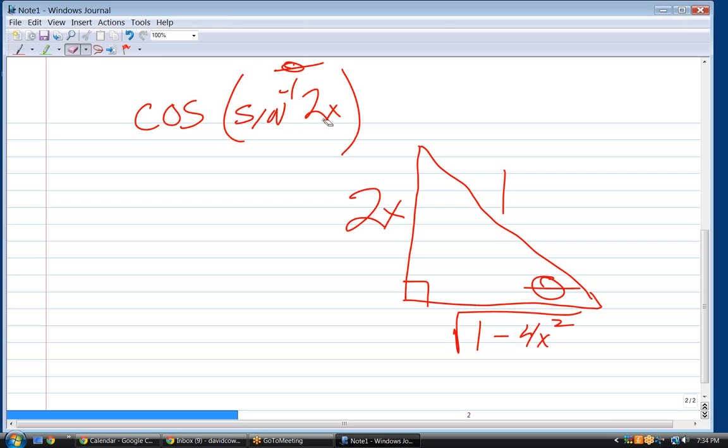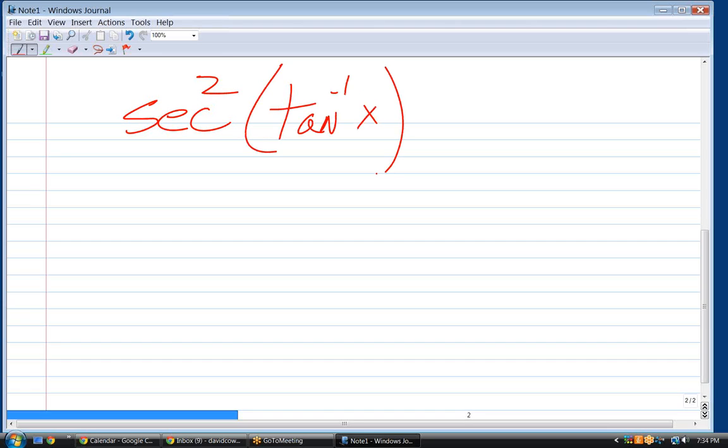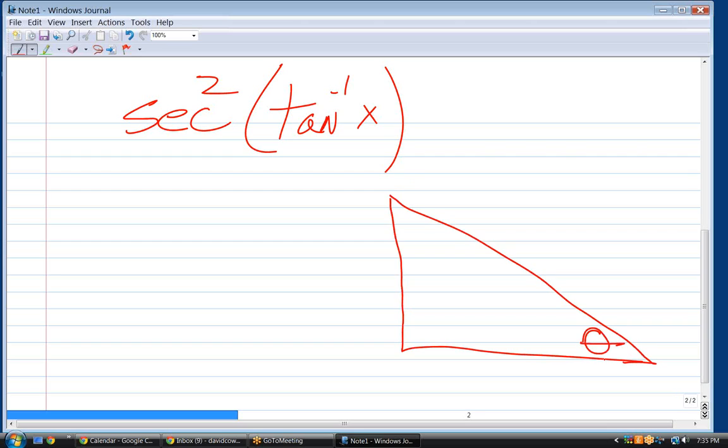The next one is secant squared of inverse tangent x. Dimension this for me.